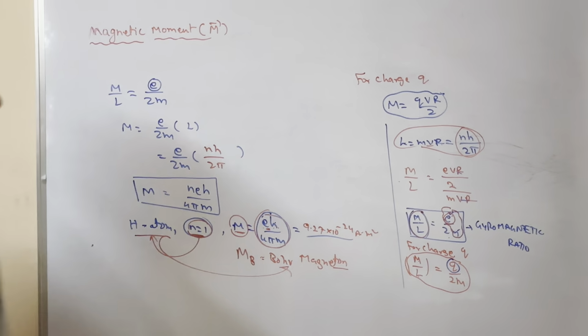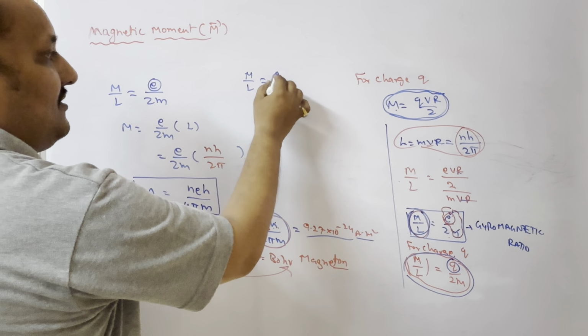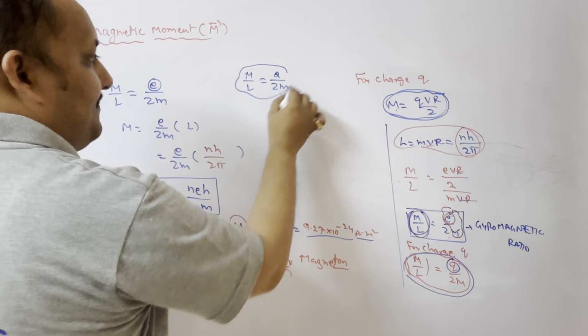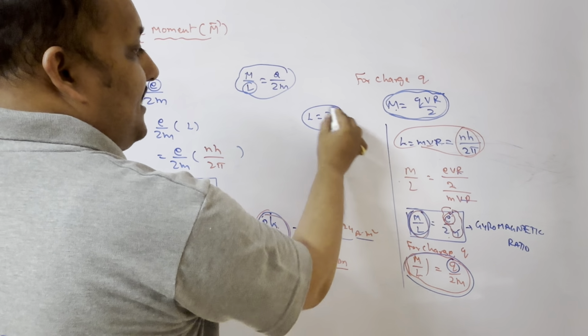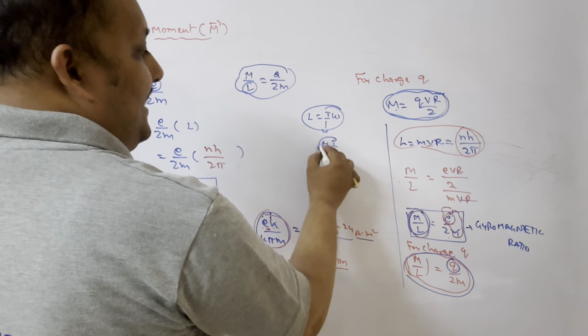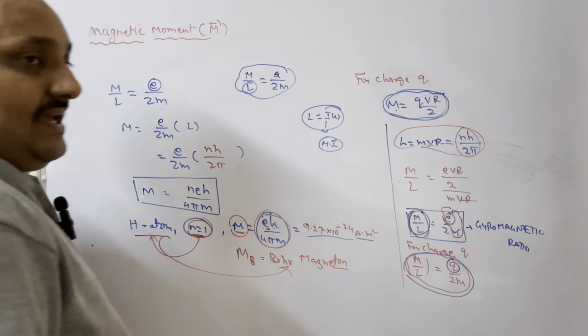Sometimes they will give this formula directly, the magnetic moment of a revolving charge. Sometimes they will ask the gyromagnetic ratio e by 2m. Otherwise they are going to ask questions on M by L is equal to q by 2m. So you should know angular momentum, which may be related to first year: L is equal to I omega, where I is the moment of inertia and omega is the angular velocity.